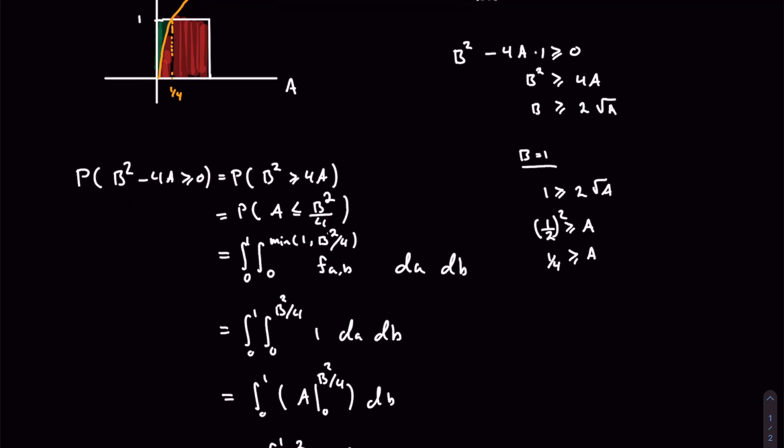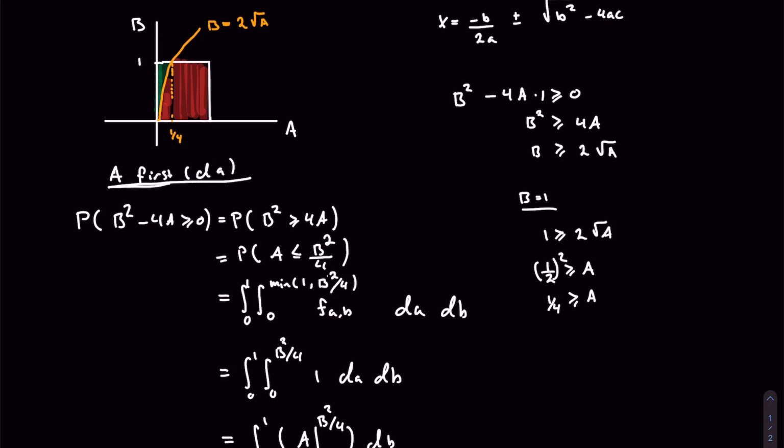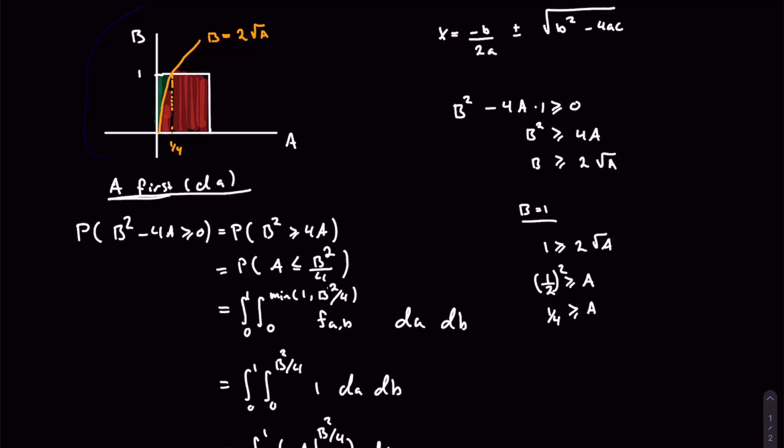Okay, so this first thing was integration, so let's call this A first. So basically we integrated over dA first here. And let me copy this one just to not have to scroll all the time.